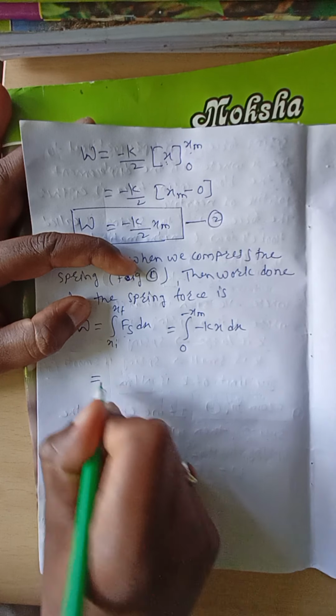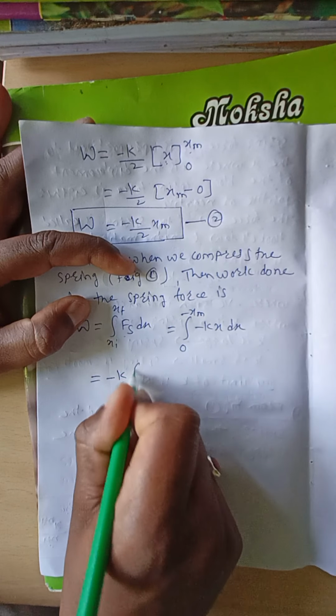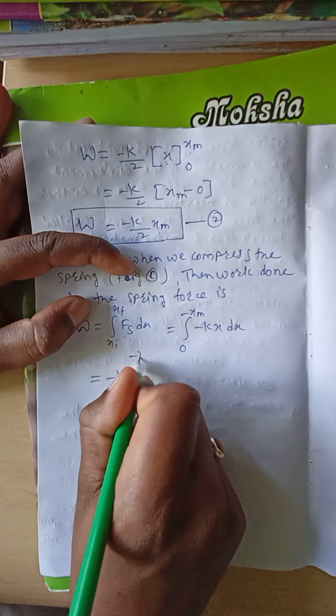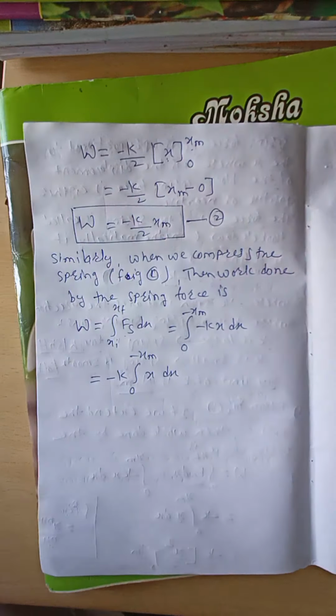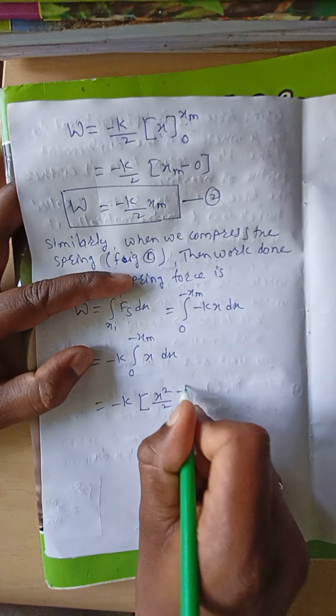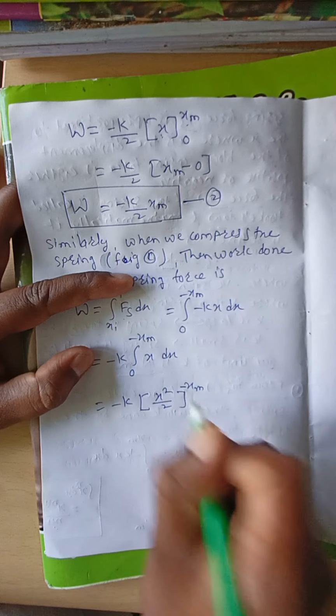Now this is equal to minus k, which is constant, times the integration from 0 to minus xm of x into dx. The integration of x into dx is nothing but x squared by 2. Now the initial position is 0 and the final position is minus xm.